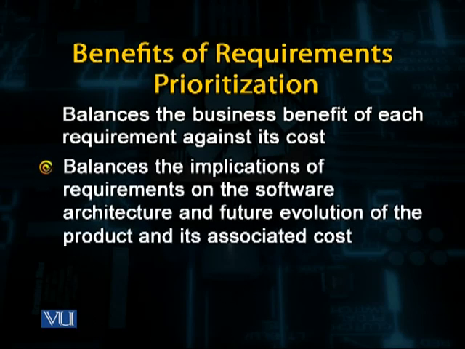And prioritization also helps us in balancing implications of requirements on the software architecture and future evolution of the product and its associated cost. Because whatever requirements you are going to include in the product is going to naturally have an impact on the architecture of the software product and evolution of the software product.